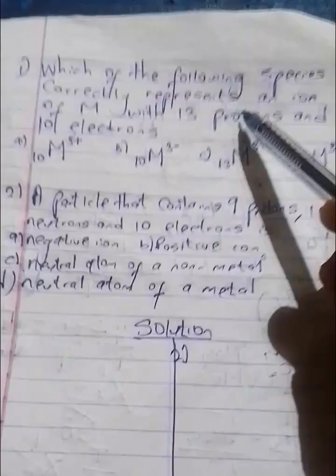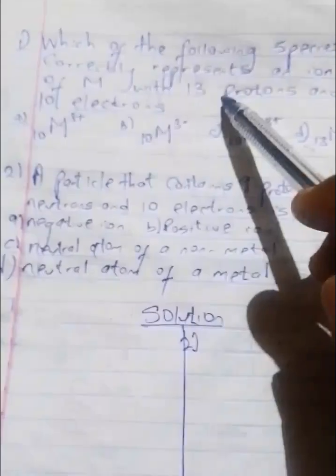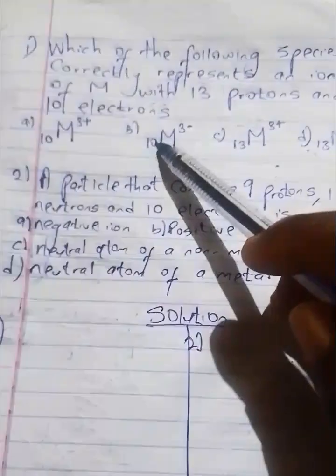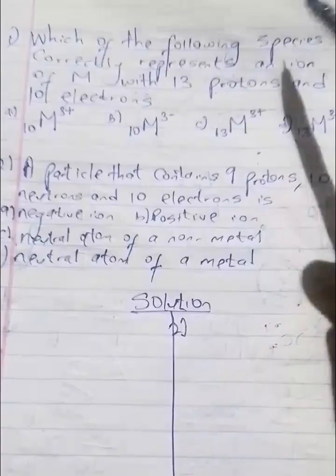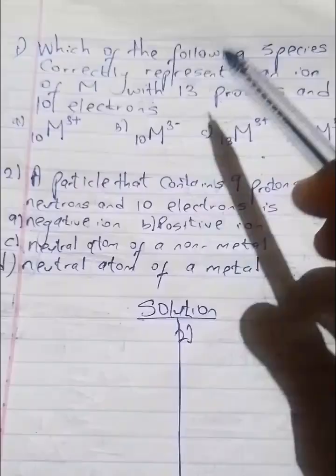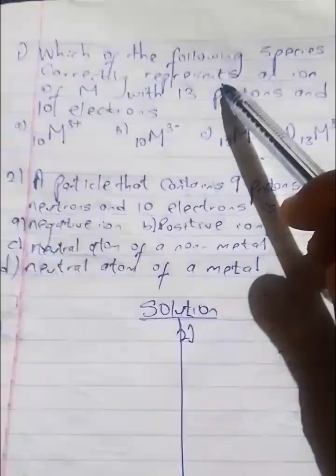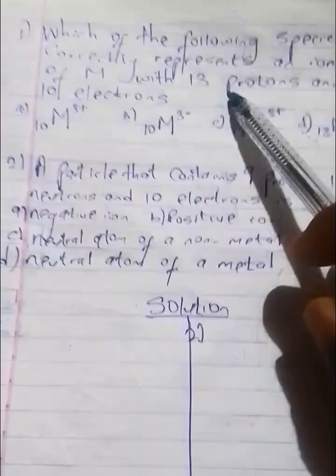But once the number of protons is higher than that of electrons, it means that element is positively charged. But once the number of electrons is higher than the number of protons, it means that element is negatively charged. So once protons outnumber electrons, the element is positively charged, while if electrons outnumber protons, the element is negatively charged.